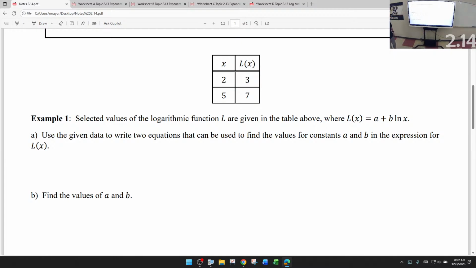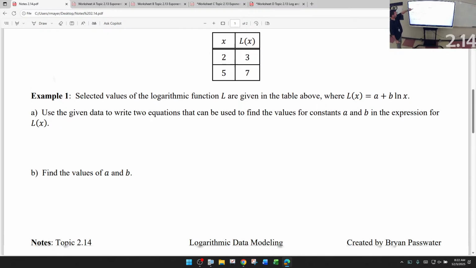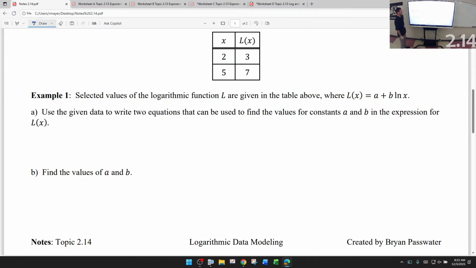Use the given data to write 2 equations to find the values for the constants a and b. Well, guys, this should not be difficult at all. And it's the same question you guys had to do on the last test. Write 2 equations. Well, I already know I have ln. Can I change that to y?